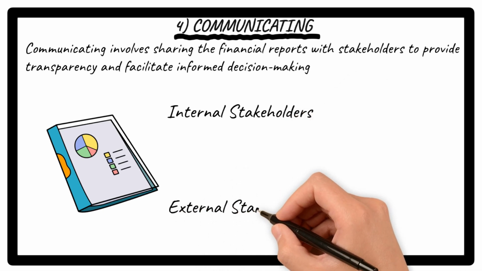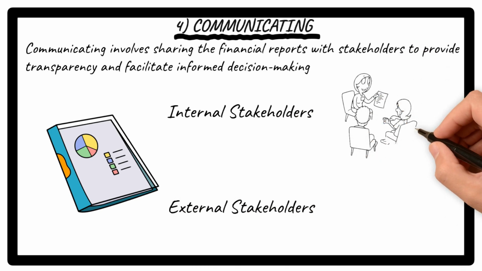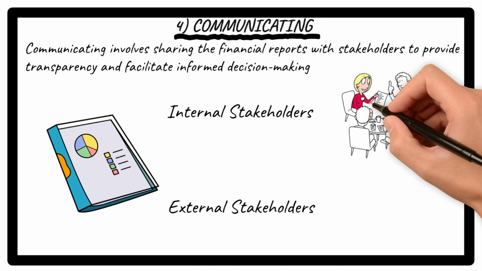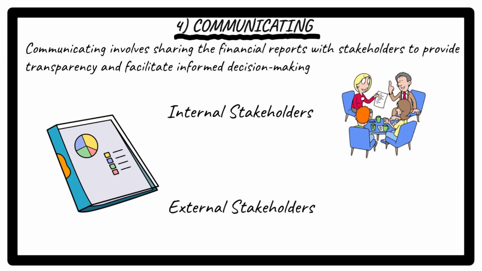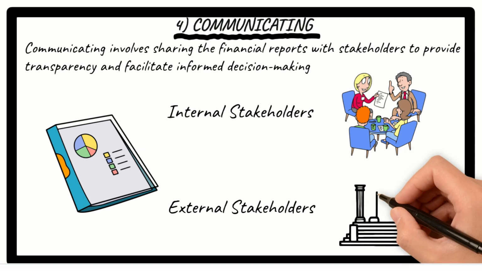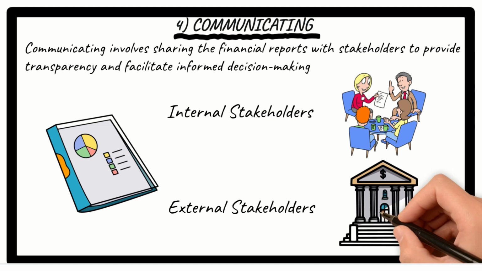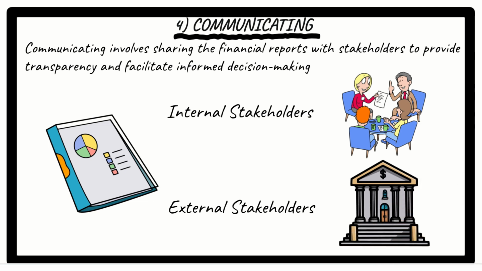Internal stakeholders include management like Sarah and Mike, employees, the board of directors. They will use financial reports to make operational, strategic, and investment decisions. External stakeholders, on the other hand, include investors, banks, regulators, and shareholders. They need accurate financial information to assess the company's performance and stability.